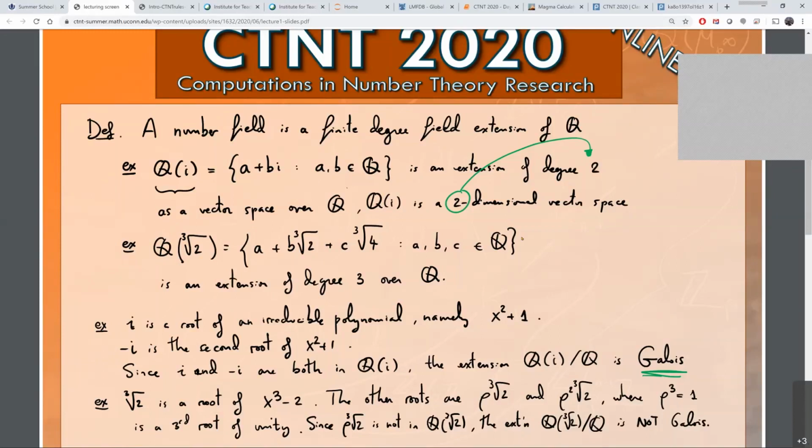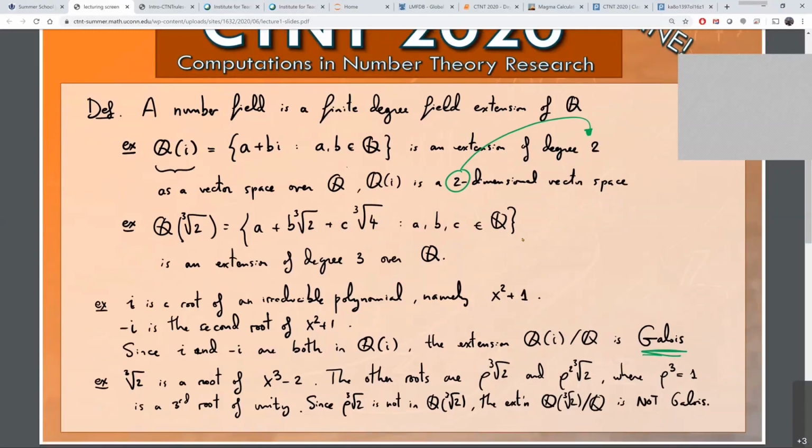So it is three-dimensional over Q, but there is one issue with that number field: it does not include some of the other roots of the minimal polynomial of the cube root of 2. For example, i is a root of an irreducible polynomial over Q, namely x squared plus 1, but minus i, which is the second root of x squared plus 1, is also in Q adjoin i.